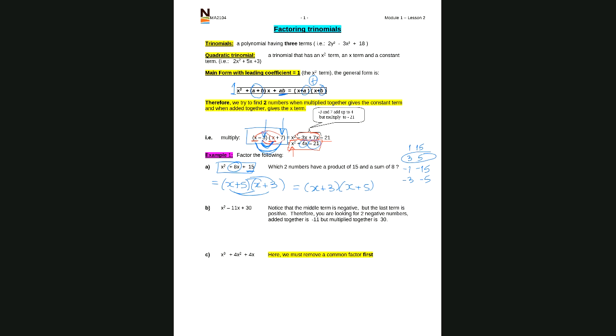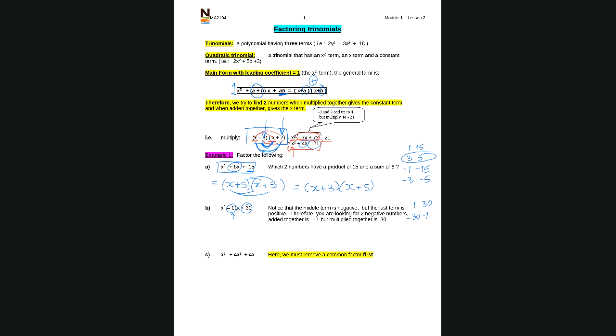Okay, for example 1b, be careful, we have a positive product but a negative sum. So let's list all the factors of plus 30. Now sometimes there are a lot of factors, but you can see the pattern there, right? Because 1 and 30 is not going to apply, and negative 1 and negative 30 as well.